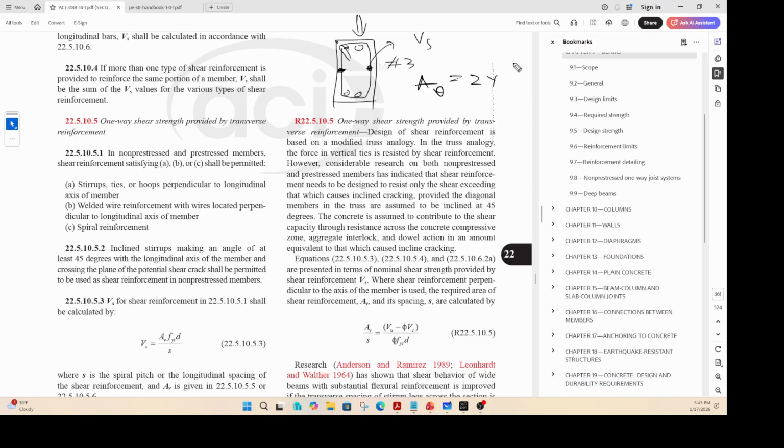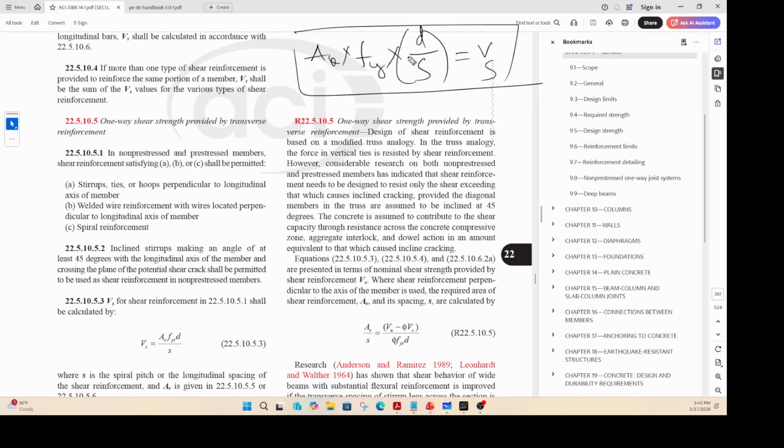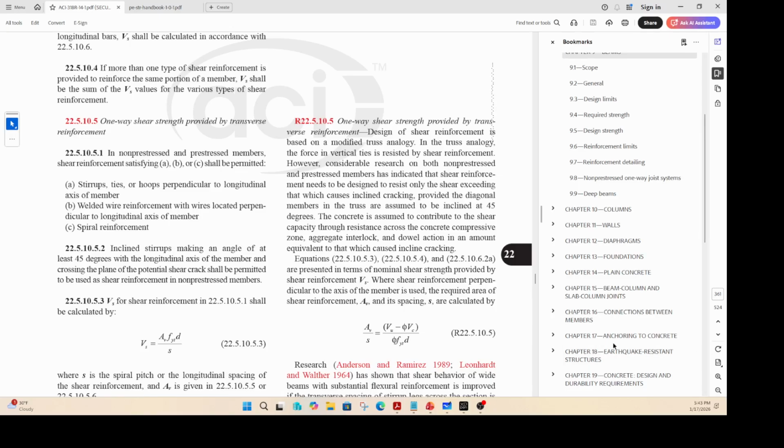So you take 2 times pi, number 3 is 3 by 8 inch diameter, square by 4. So that is your area of shear reinforcement, right? You calculate your AV, you multiply it with the Fy of the shear reinforcement, and then d by s, where s is the spacing of the shear reinforcement, d by s is the number of bars. So this is how you calculate your Vs. Okay, right? So Vs is here.